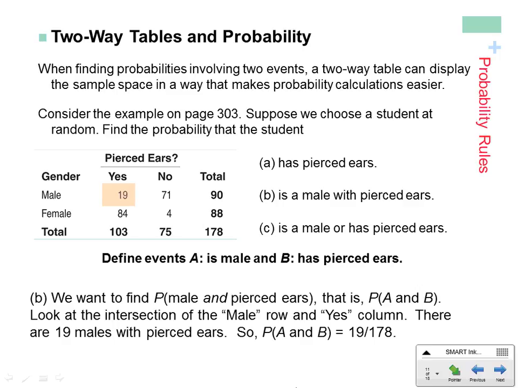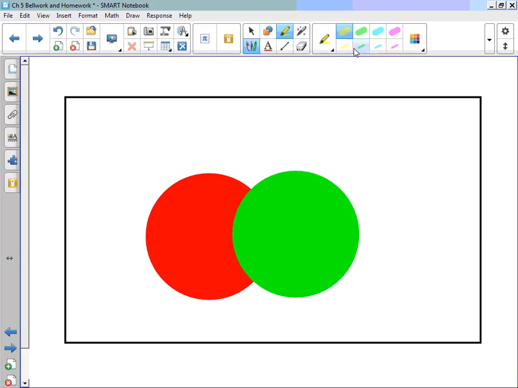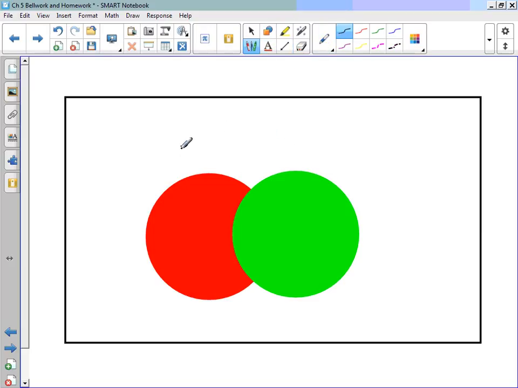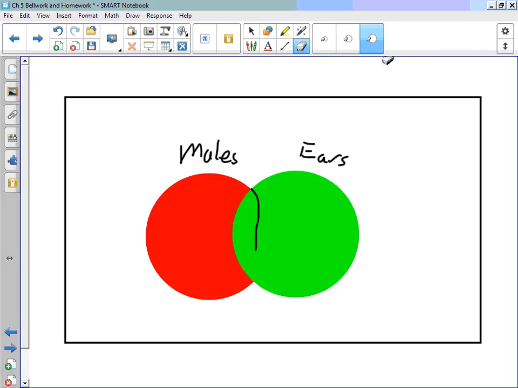So let's say this is the probability of being male, and this is the probability of having pierced ears. These are going to overlap. They are not disjoint because males can have pierced ears. So these are males and ears pierced. There's a little overlap right about there. That overlap has males and they have pierced ears.